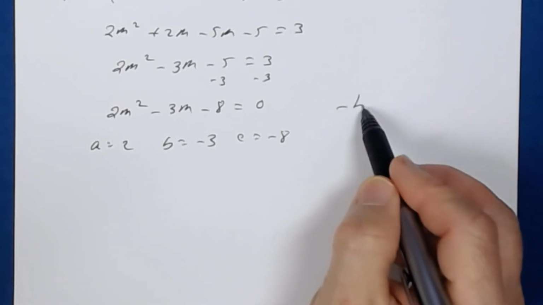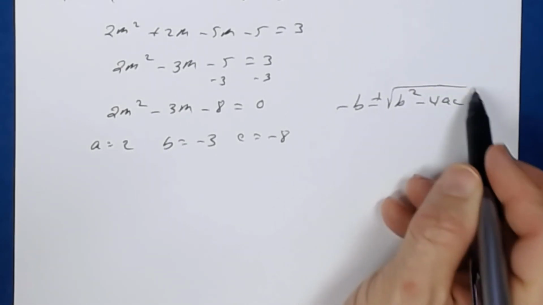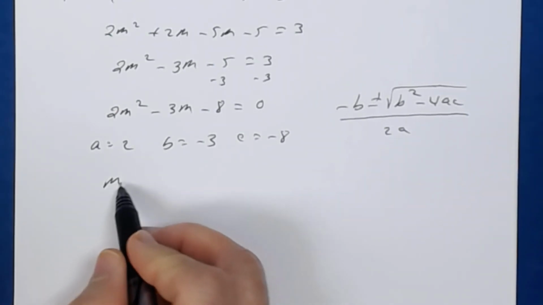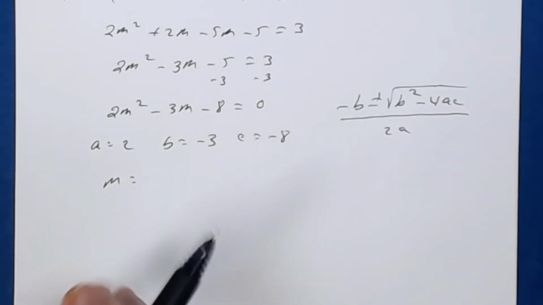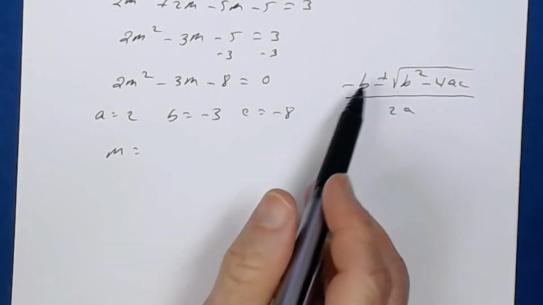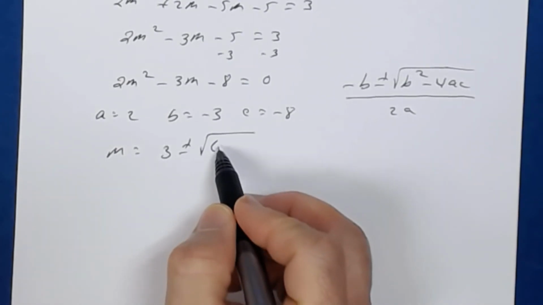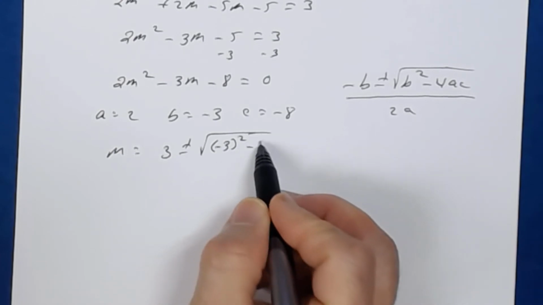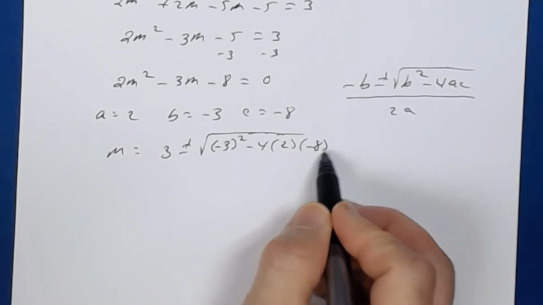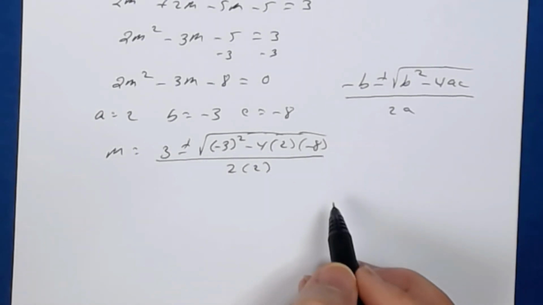So I'm going to go directly to putting it back into the quadratic formula, all divided by 2a. This time my variable is m, so m equals the opposite of b. B is a negative 3, so the opposite of negative 3 is a positive 3, plus and minus the square root of b, which is negative 3 squared, minus 4 times a, which is 2, times c, which is negative 8, all divided by 2 times a, which is 2.